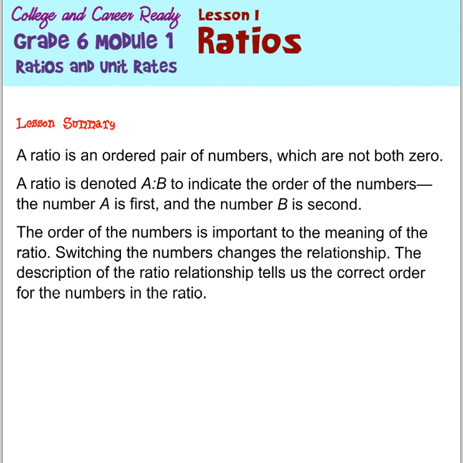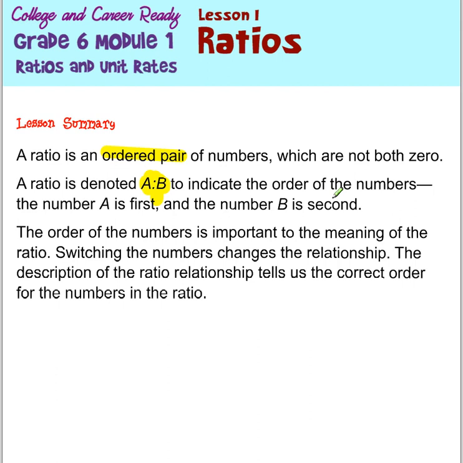Hopefully you followed along in this lesson fairly easily. Let's just summarize it here together. A ratio is an ordered pair of numbers. It's ordered because order matters, and they can't be zero. It is denoted or written as A colon B to indicate the order of the numbers.